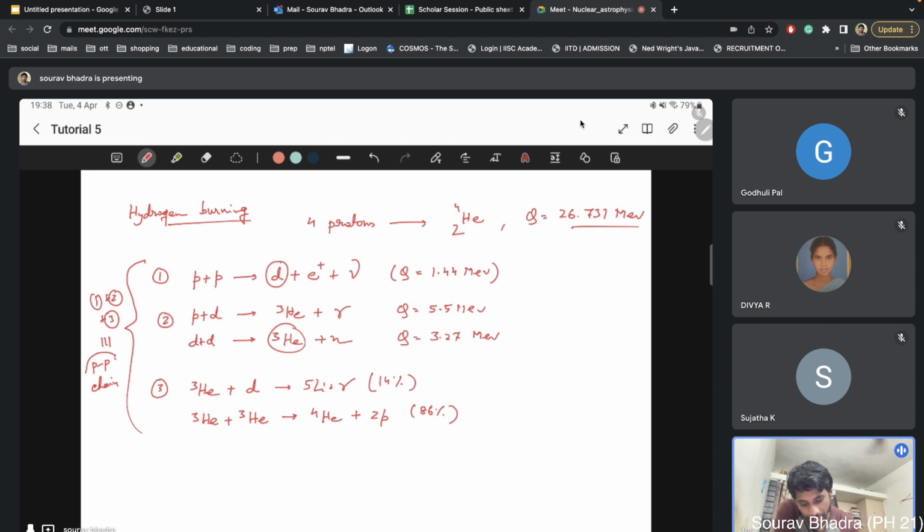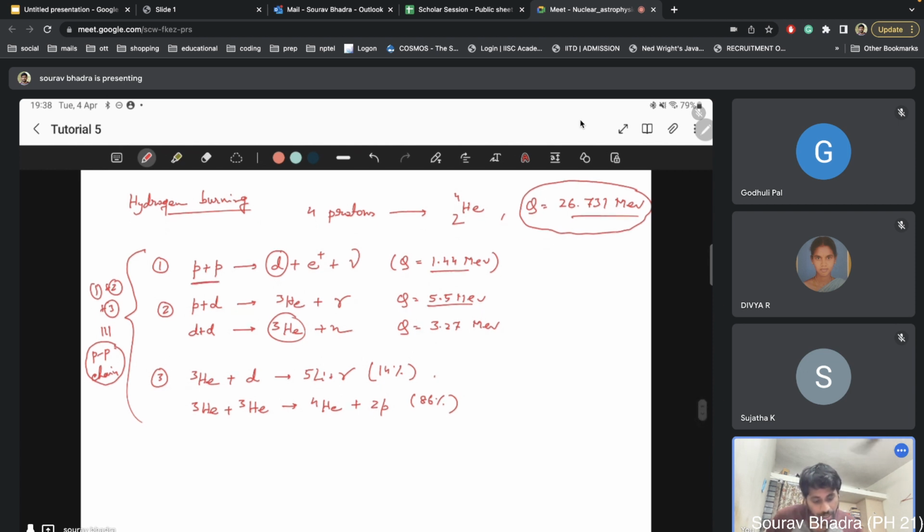The total Q value of this PP chain, by combining this 1.44, this 5.5, and other Q values also, will give you 26.731 MeV. This is the total Q value of these 3 different processes combined. But the main point is, we started with protons and we are getting helium.